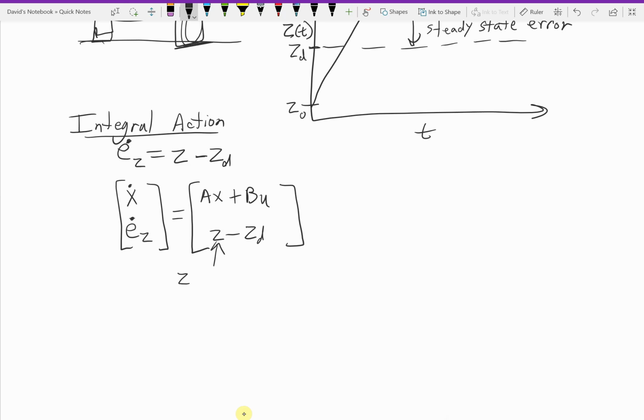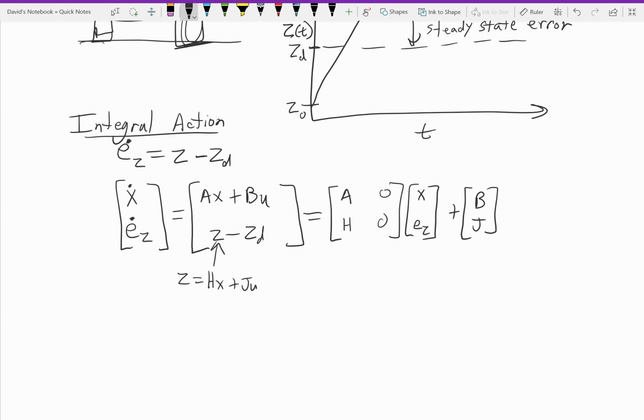Remember that z is defined as Hx plus Ju, so if we go and plug that in, we'll have A and H, plus B and J, plus 0, minus 1 times zd.